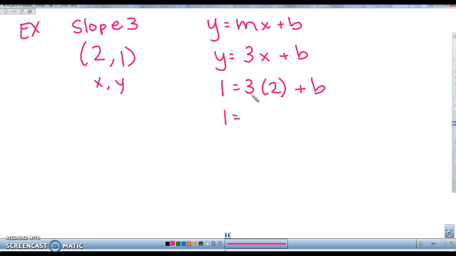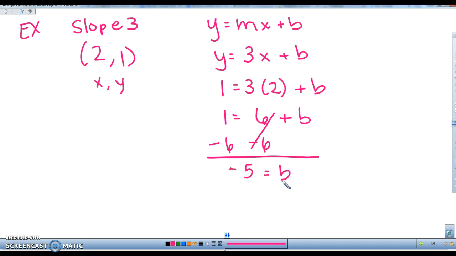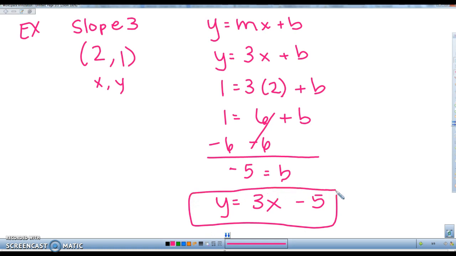I go ahead and multiply. 3 times 2 is 6. 6 plus b equals 1. I subtract that 6 to the other side to cancel them out so I can solve for b. And I get that b equals negative 5. I'm not done because I need to write it in that y equals mx plus b format. And we said m was 3, so now I have 3x minus 5. That is my answer.